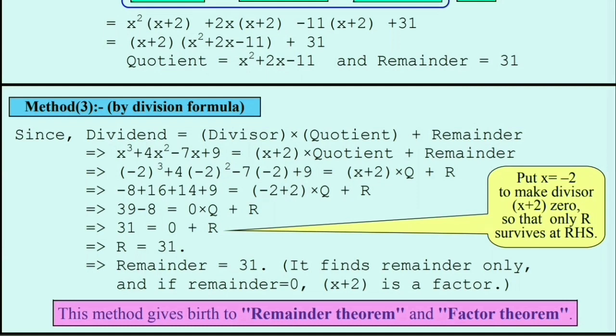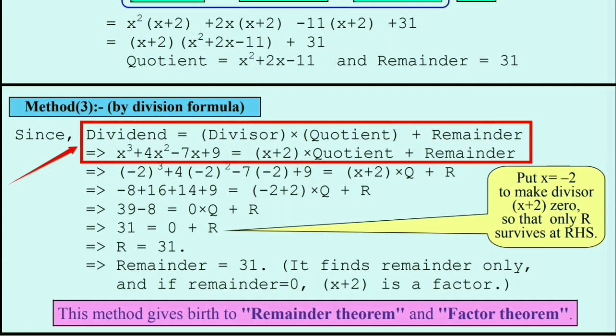According to the division rule, dividend is equal to divisor into quotient plus remainder. Hence in the next line, the value of dividend is placed and the value of divisor is placed, and quotient and remainder we don't know, that we have to find out through this process.